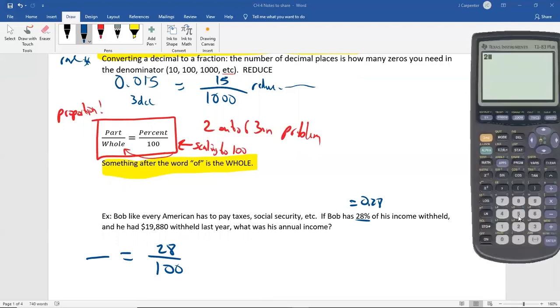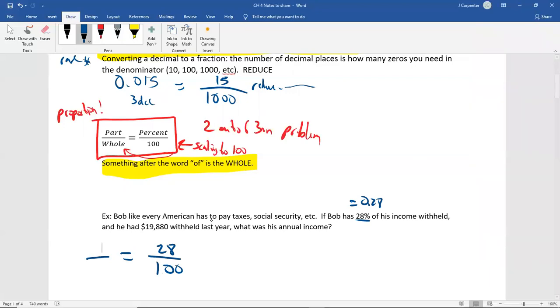Remember, you've got calculators in real life, and this class is for real life. So be careful with that. That's one tiny thing to be careful with, that some people will convert this percentage to a decimal and then put the decimal here. But no, because this is a fraction representation of a percentage, the 28% literally means 28 over 100.